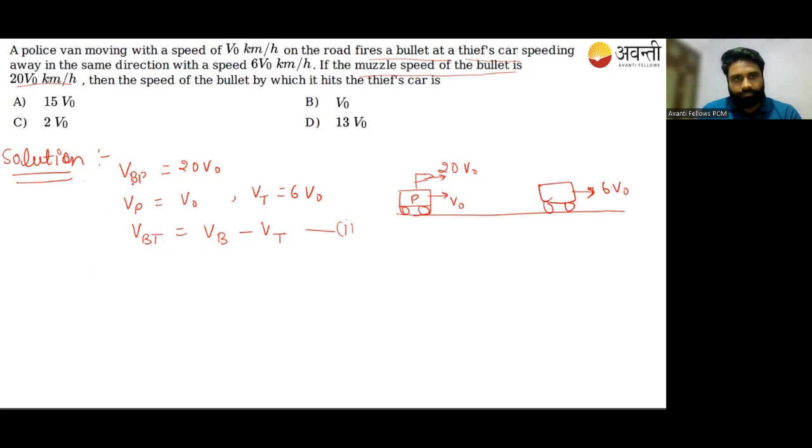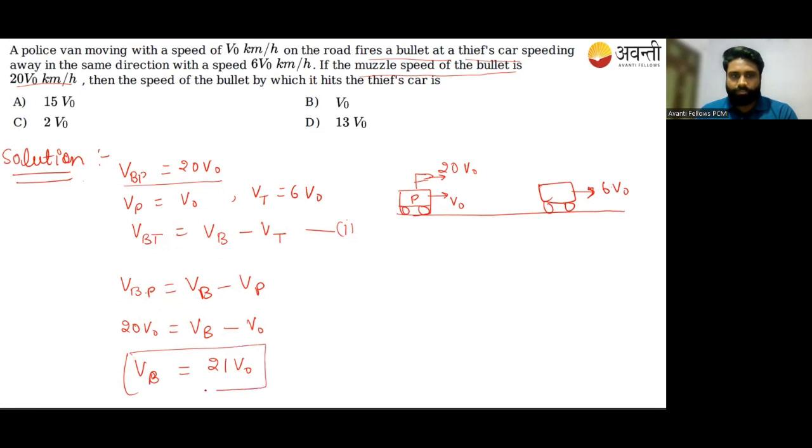From the very first information, the velocity of the bullet with respect to police is the velocity of the bullet minus the velocity of police. I have taken minus because they are moving in the same direction. This is 20 V0, the velocity of the bullet with respect to police. The velocity of the bullet we have to find out. What is the velocity of police? It is V0. So from here you can say that the velocity of the bullet is 21 times V0.